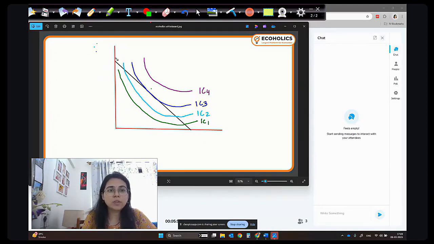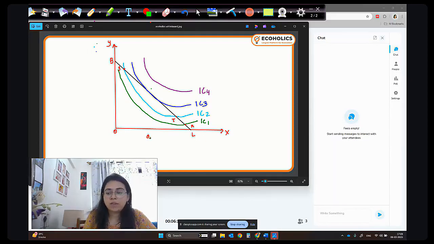There are different points over here. Let's call this point S, this one T, and this one A. On the y-axis, let's call this point BL.